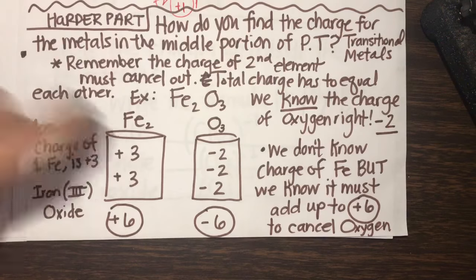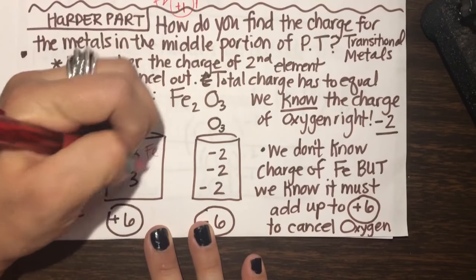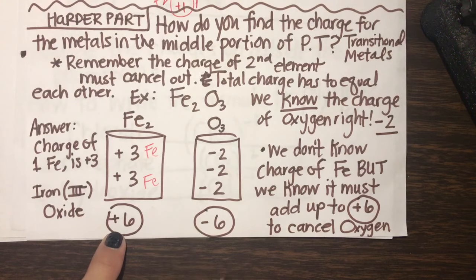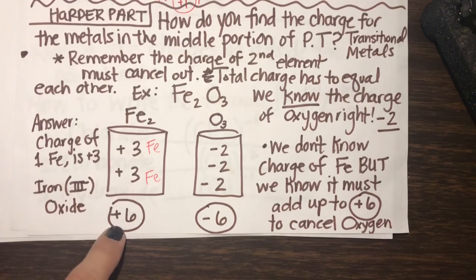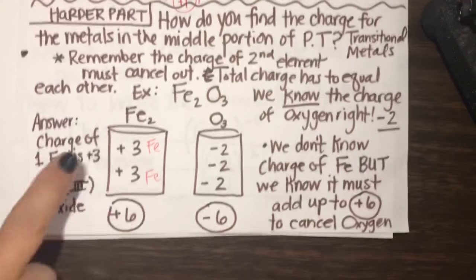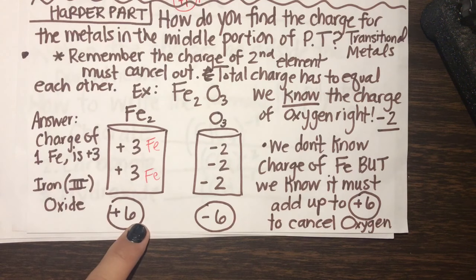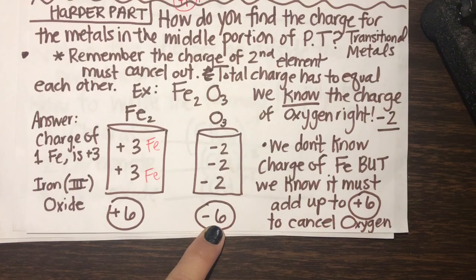So there's my 1 Fe. Here's my other Fe. But I do know it has to equal +6. So what times 2 gives me 6? 3. That's why the charge is 3. That's why both of those irons have to be 3. This has to be 3 and this has to be 3. Because we know it has to cancel this -6 out.